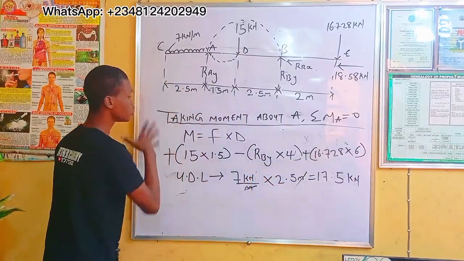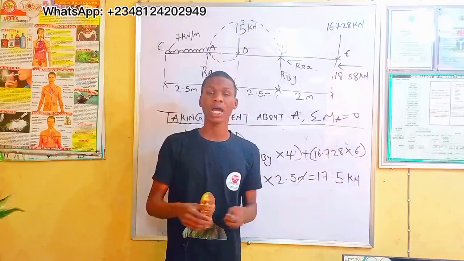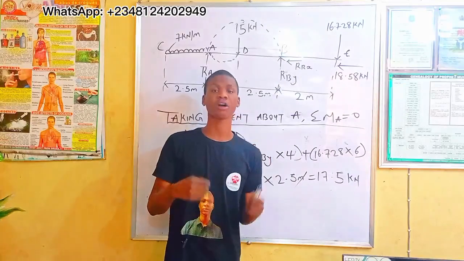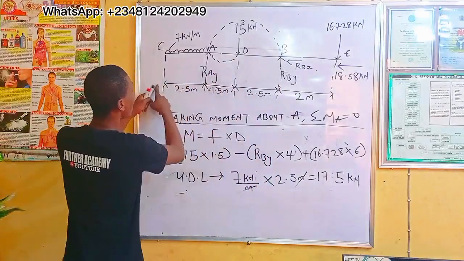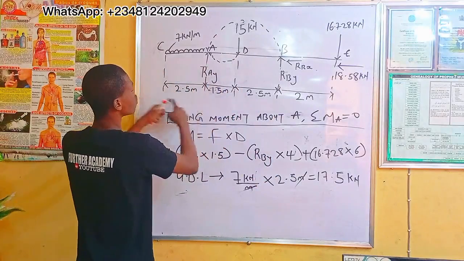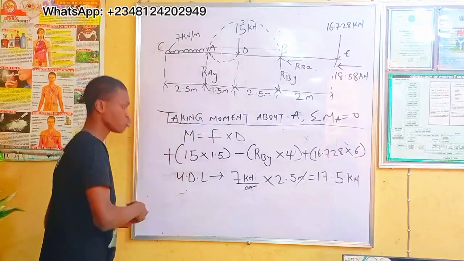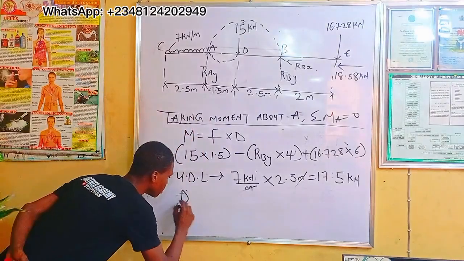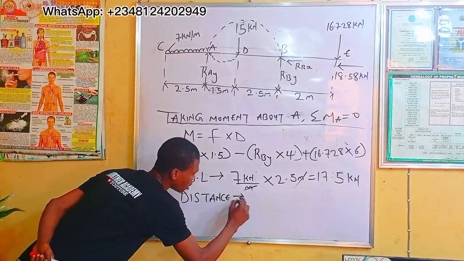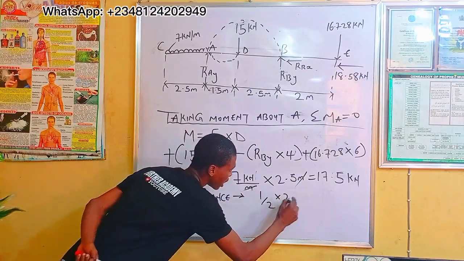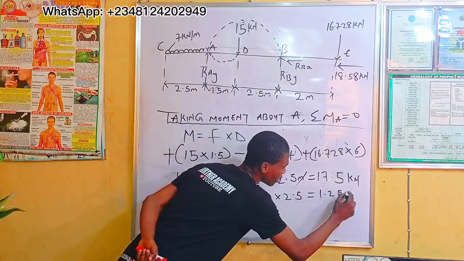To get the moment of this UDA, you need the force and you need the distance. Now, how do you get the distance? Earlier, I said the actual distance of a UDA acts at the midpoint. From this given question, the length of this UDA is what? 2.5. Then the actual distance becomes 1 over 2 times 2.5, which equals 1.25 meter.